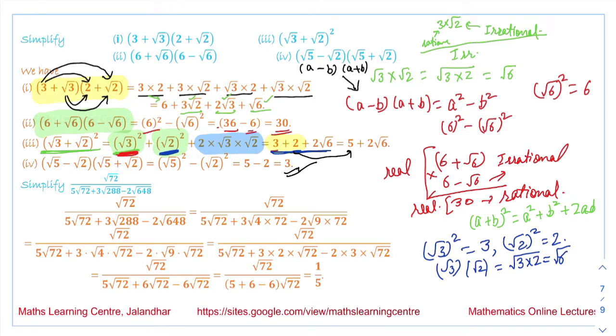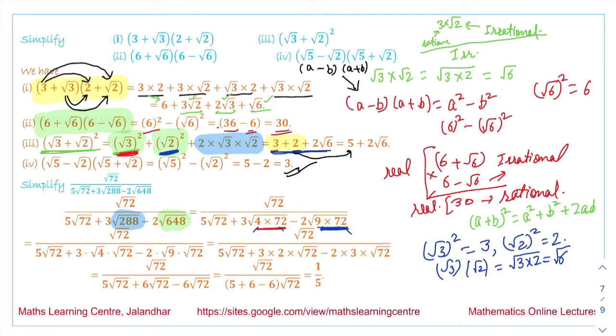I can write 288 as 4 into 72, and I can write 648 as 9 into 72.